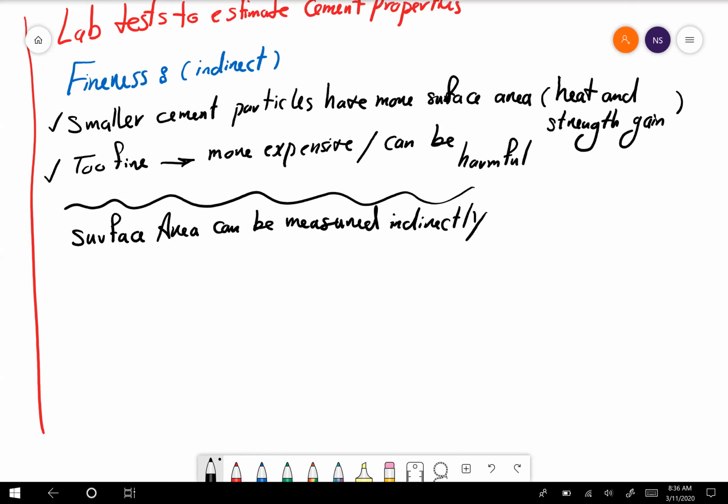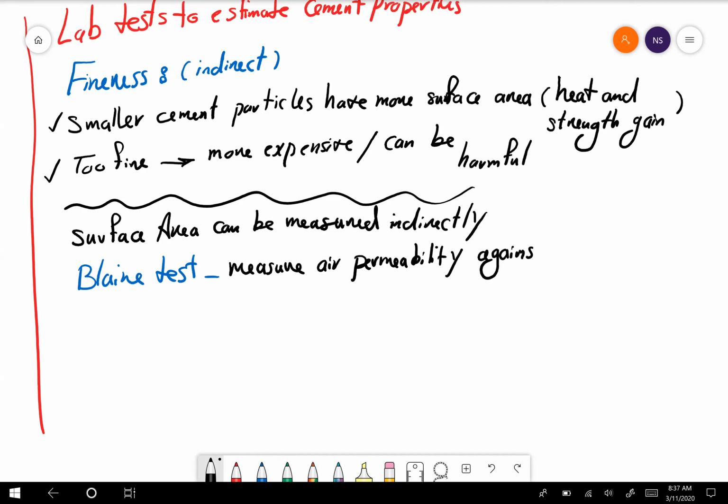And there are also two other tests. The first one is called Blaine test. It's basically the test to measure air permeability against known standard material.